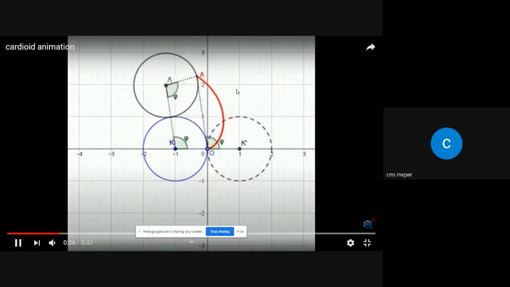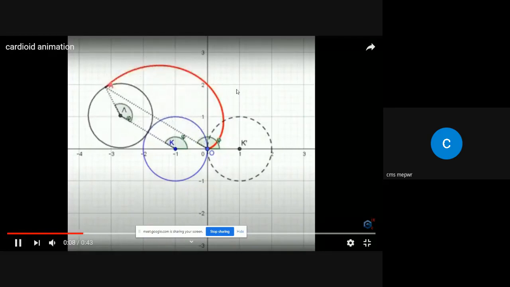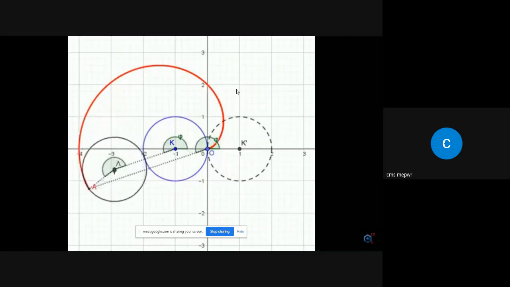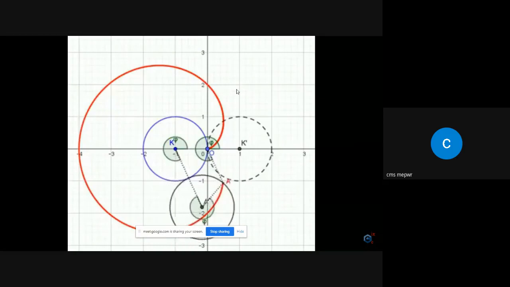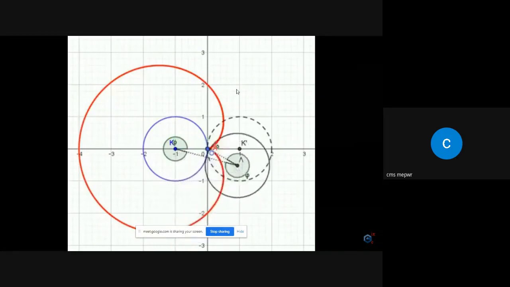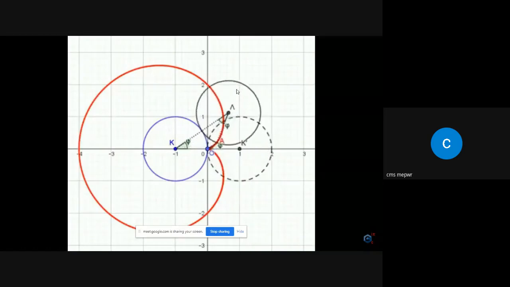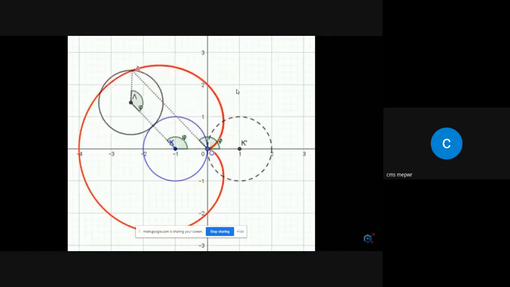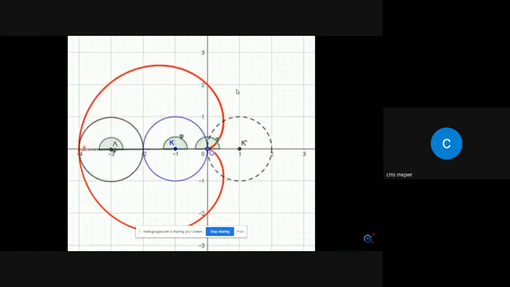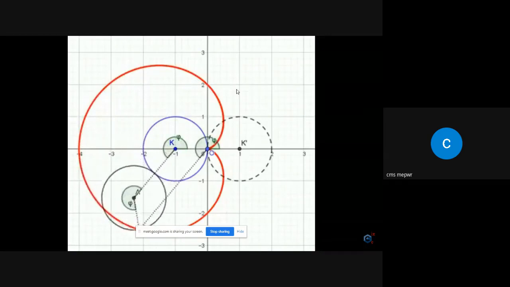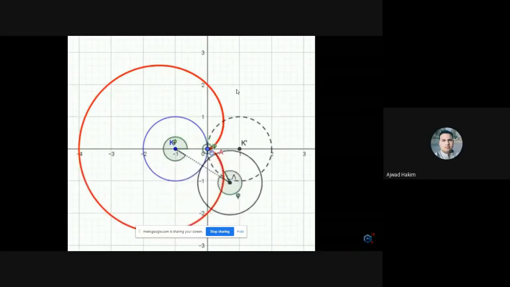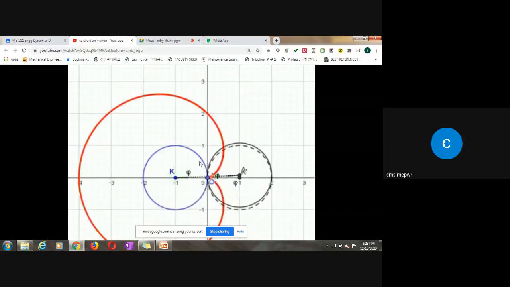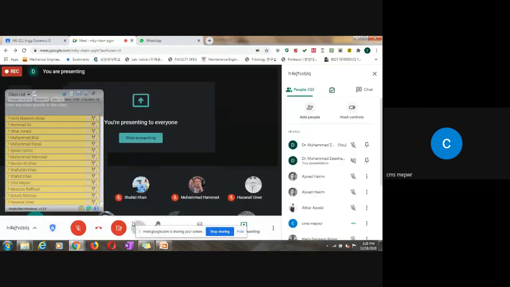This is like cardioid motion, motion having a cardioid shape. Is it clear? Yes, sir. Okay. So this is the one that we have in the question. It is almost similar to this one.